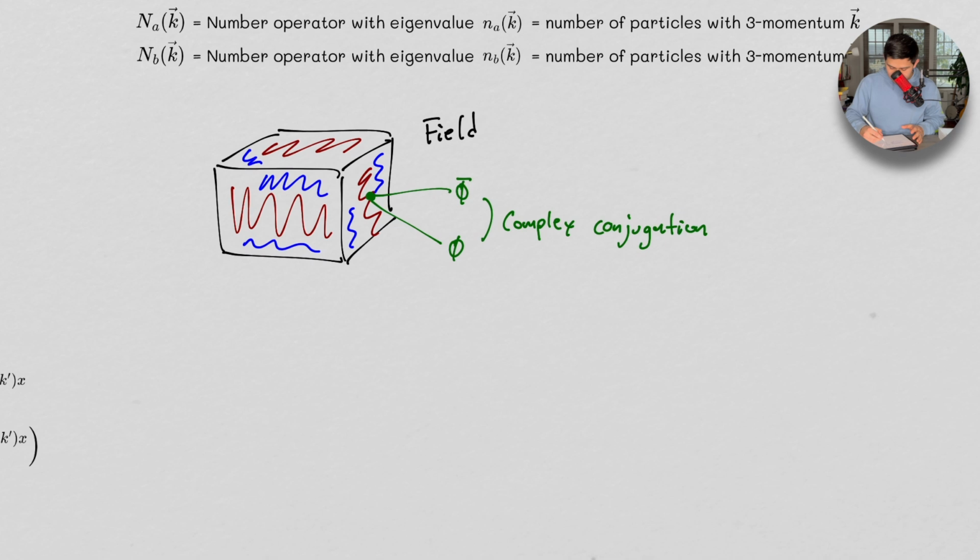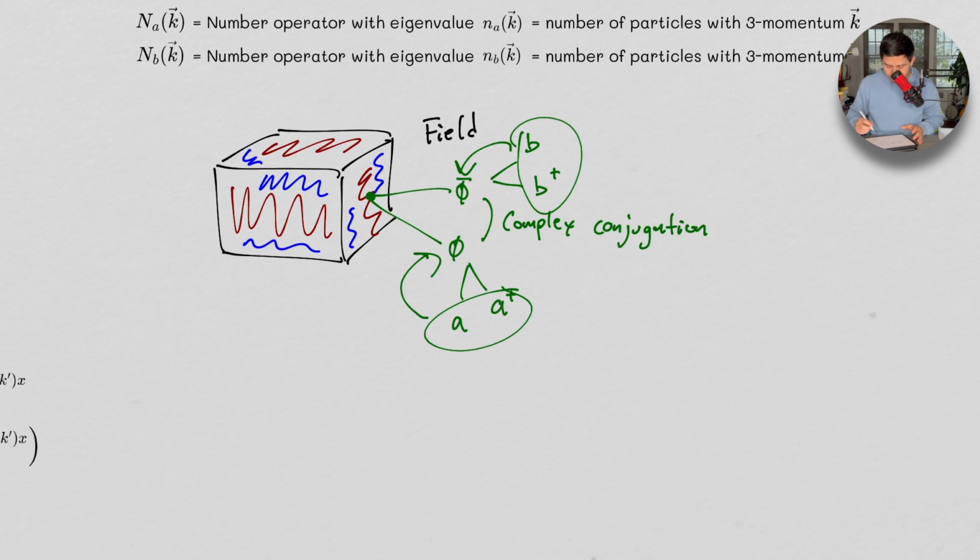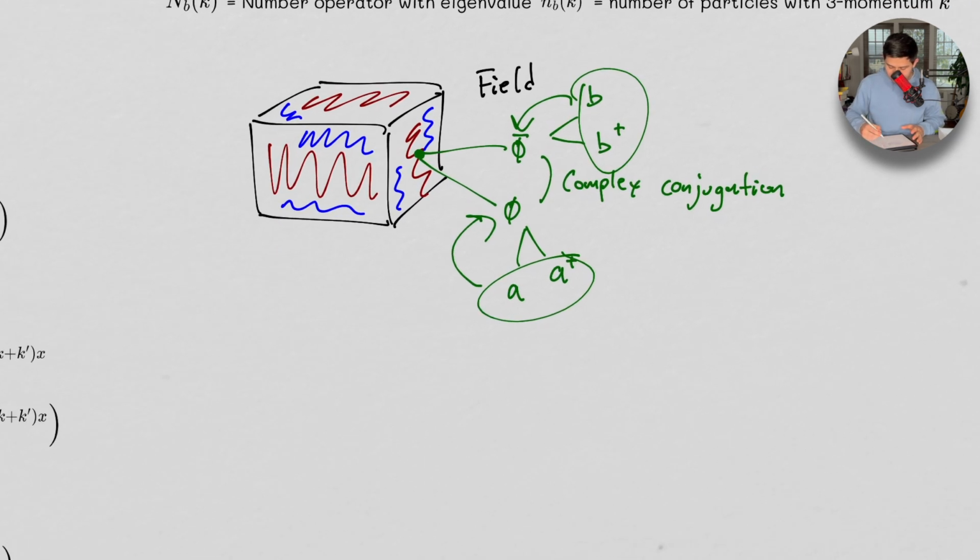And associated with this one are some operators, A and A dagger. Associated with this one are some operators, B and B dagger. And these tell us the number of particles associated with these fields, as well as the amount of energy associated with the field.